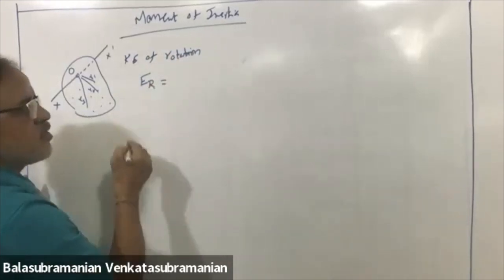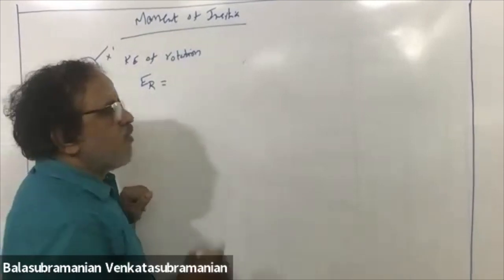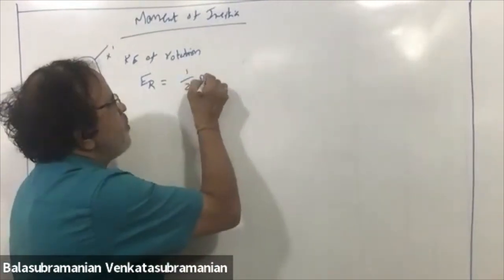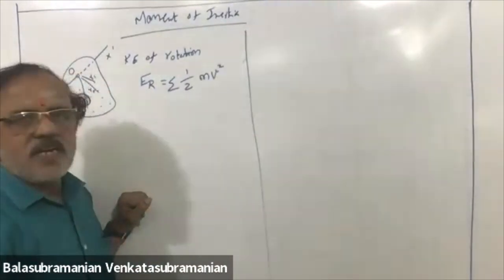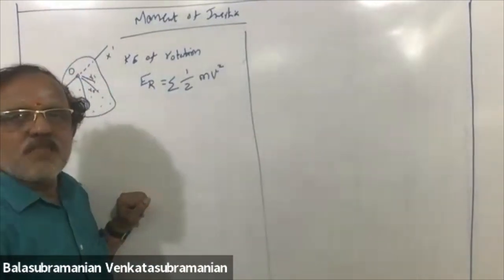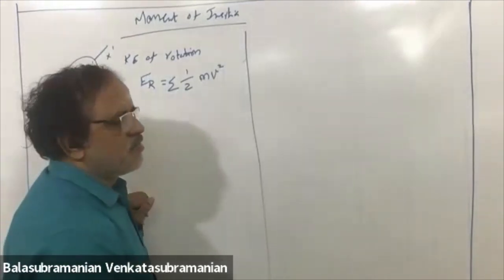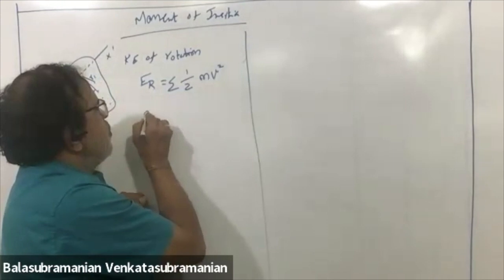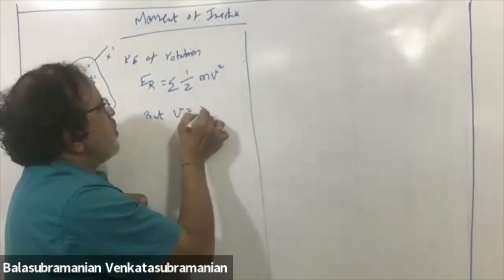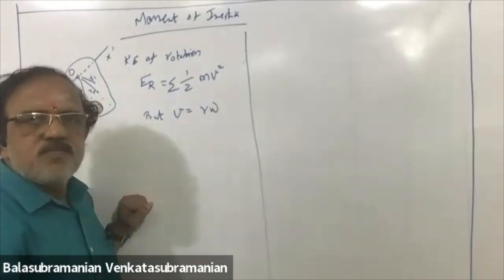Er is equal to, basic formula for kinetic energy is half mv square. All the particles we are calculating, so sigma half mv square. But v is equal to r omega.